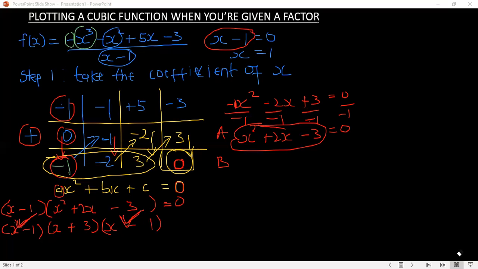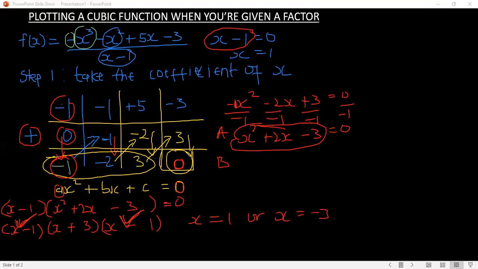Okay, so our x value here is x equals 1, or x equals -3. These are our x values, our points of intersection where our function cuts the x-axis.